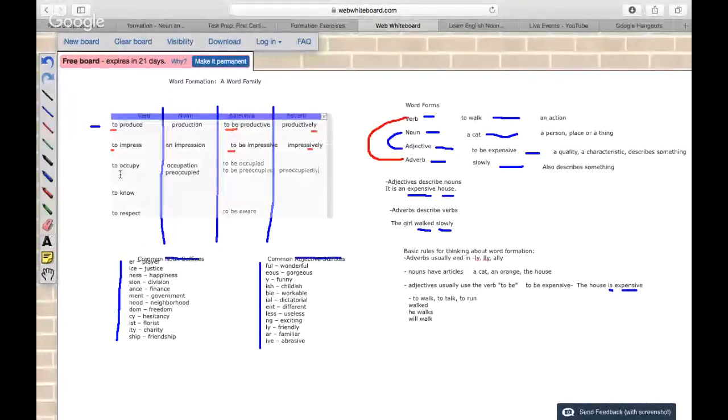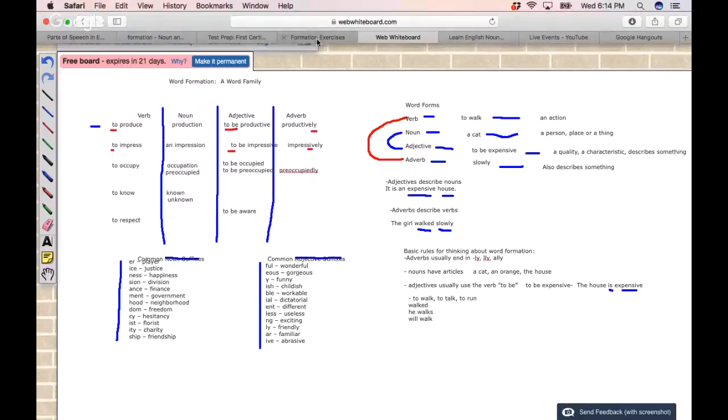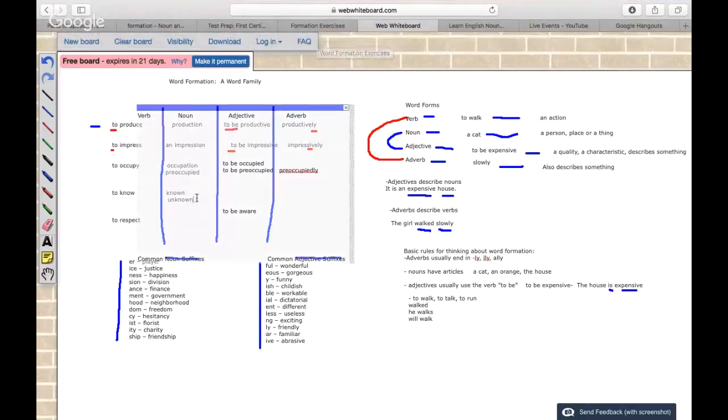Okay. To know. Here we could say noun, known, and we could make it negative. We could say unknown. Anything else? Oh, we could also say knowledgeable. Oh no, sorry, that's over here. So we could also say knowledge.